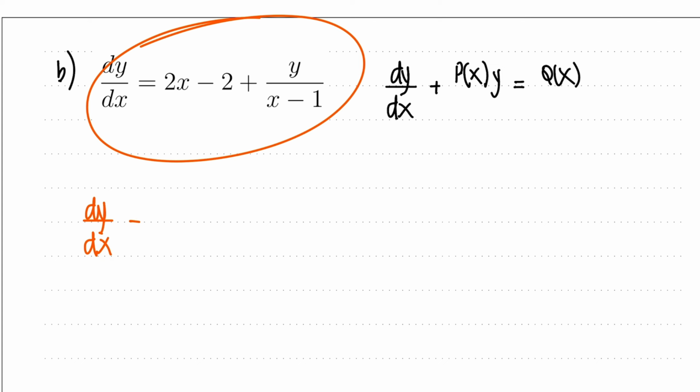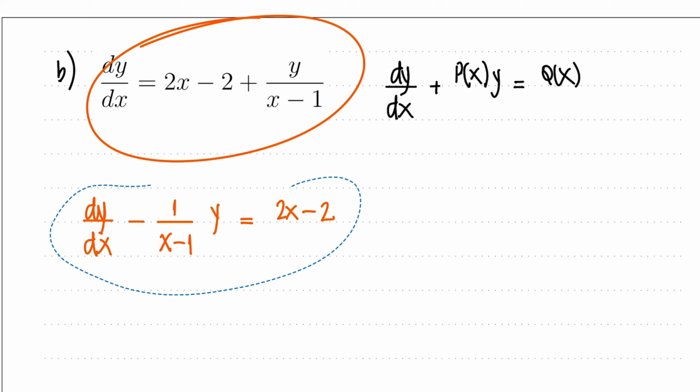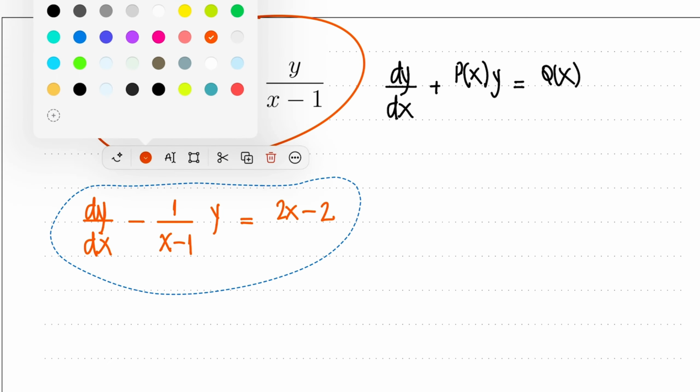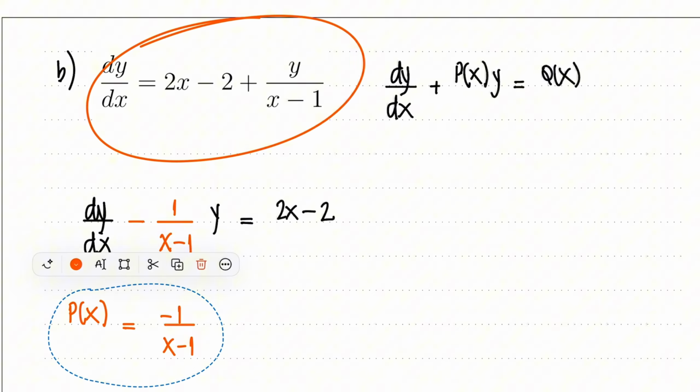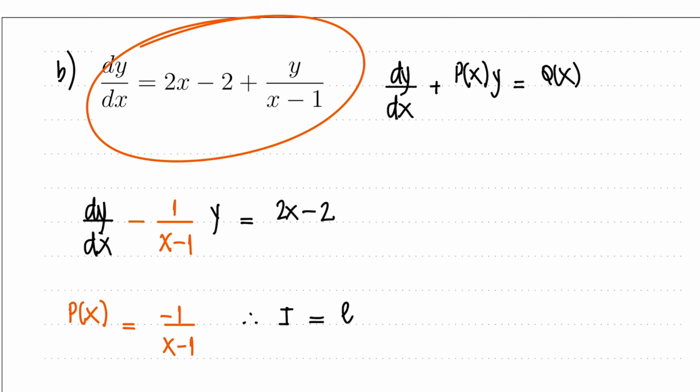Now, what is p of x? Well, that's exactly negative 1 over x minus 1, which means that the integrating factor is e to the power of the integral of negative 1 over x minus 1 dx, which is the integral of p of x dx. Now, we can move the negative outside, and the integral itself is nothing but ln of x minus 1.